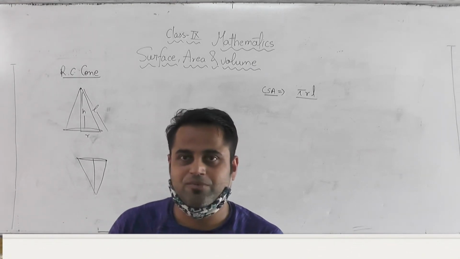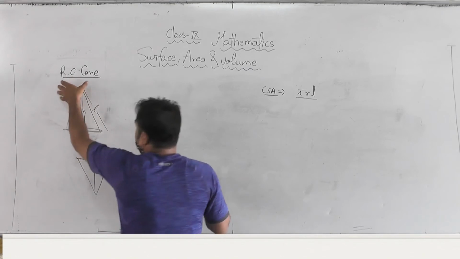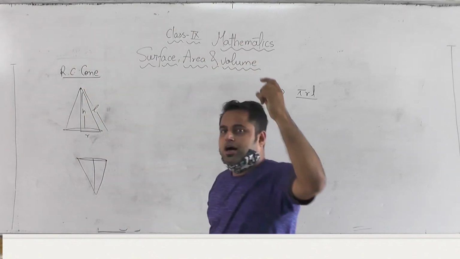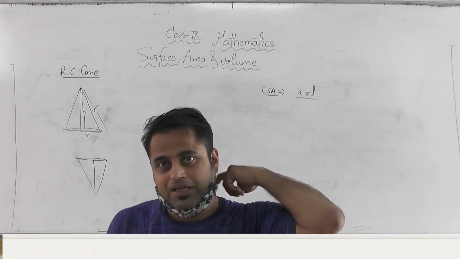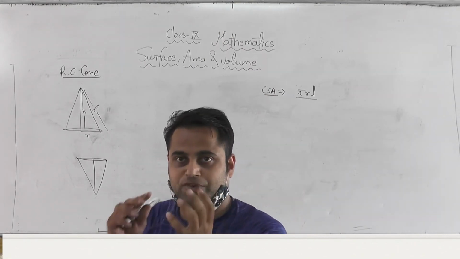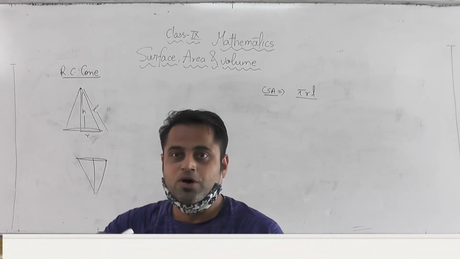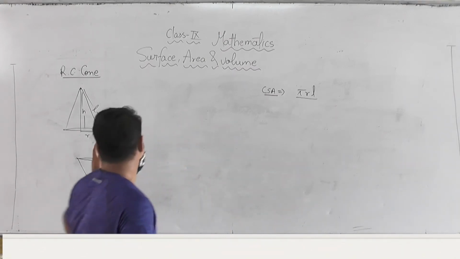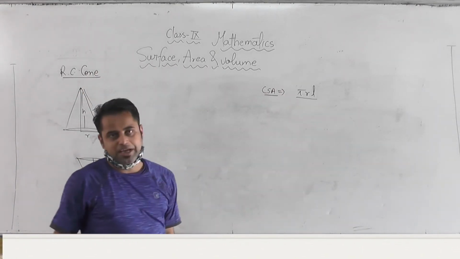It becomes a pointing object. Since the radius becomes 0, the circumference also becomes 0. That's why we can take the average, 2 pi R plus 0 by 2, which gives us pi R. With the slant height L, it becomes pi R L.